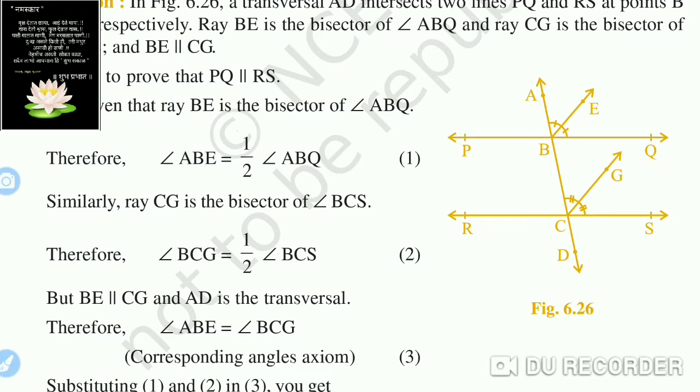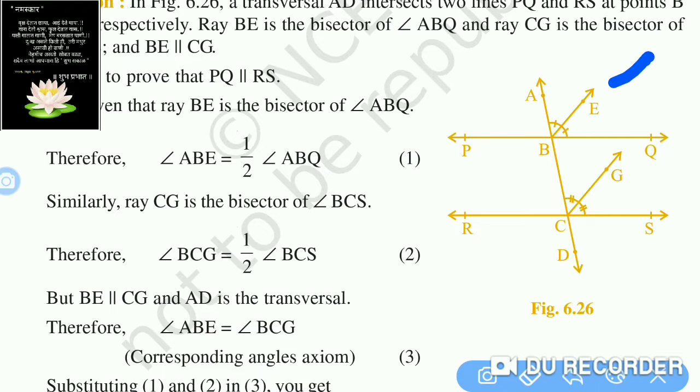So see, as per the given information, BE and CG are the bisectors. So due to this BE, we got angle ABE is equal to angle BEQ is equal to half of ABQ. Similarly, angle BCG and angle GCS are half of angle BCS.